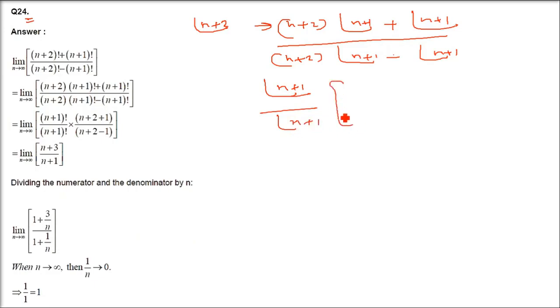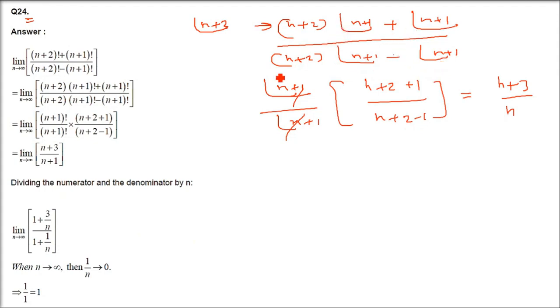What are you going to get inside? It is going to be n+2 plus 1 in the numerator and n+2 minus 1 in the denominator. So n+2+1 is n+3, and n+2-1 is n+1. So finally you get (n+3)/(n+1), with limit n tends to infinity.